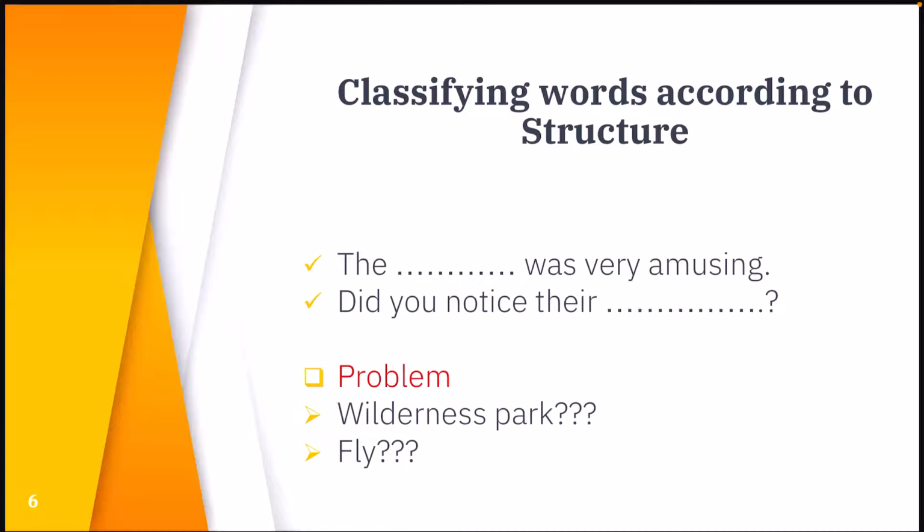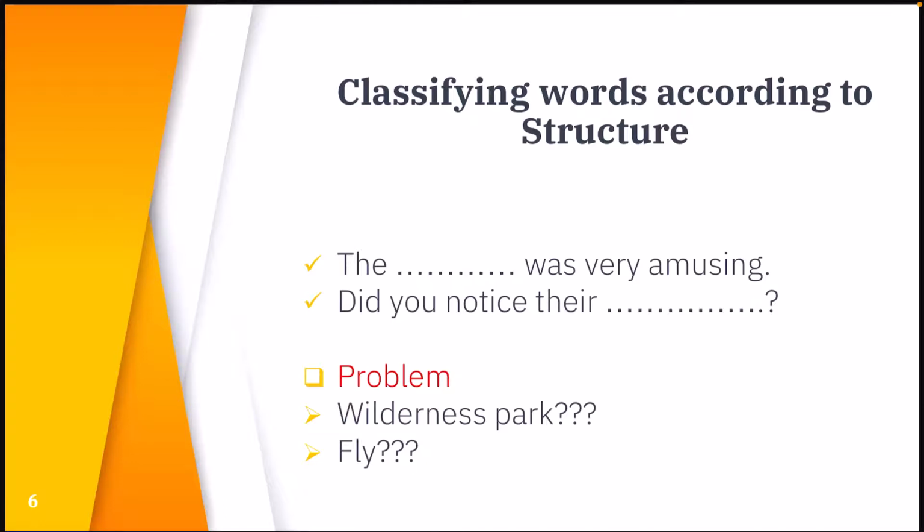Also, we can classify words structurally according to their constituents. Again, if you think about the word book, we can judge that book is a noun, because book can be pluralized.